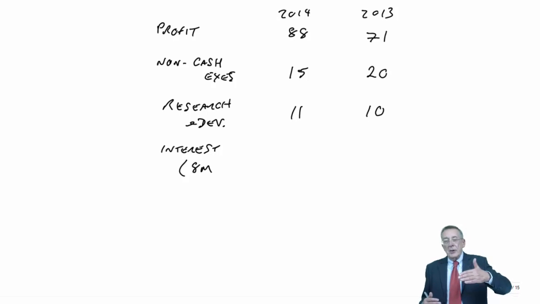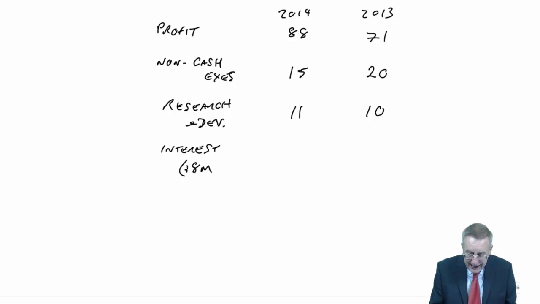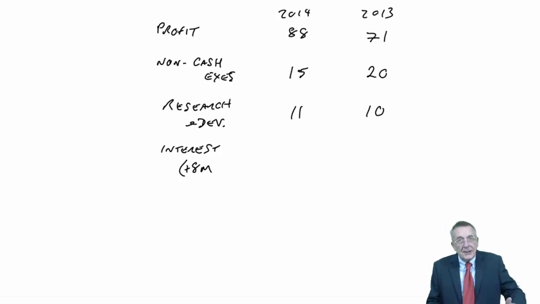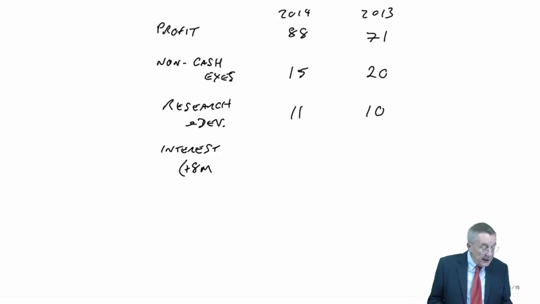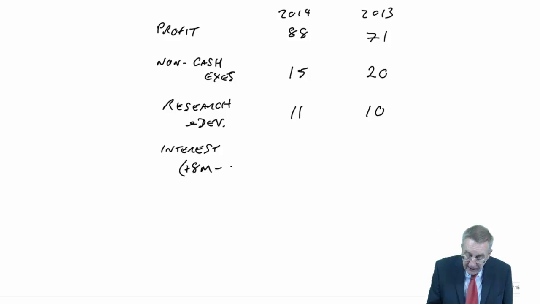And so, although the profit itself, profit before tax, would be higher by 8, the tax would have been higher with higher profit. The tax rate is 30%, so the tax would have been 30% times 8.